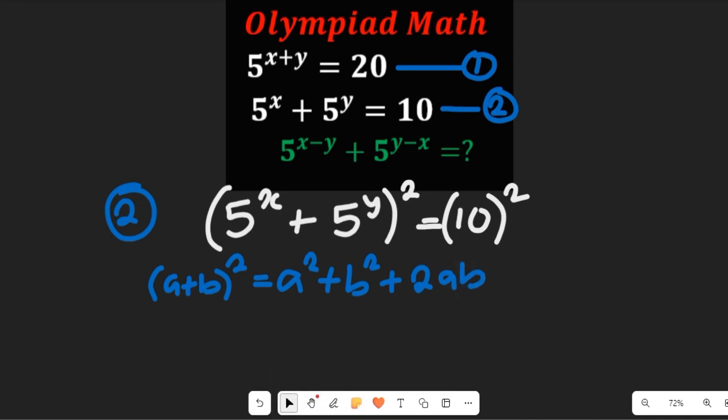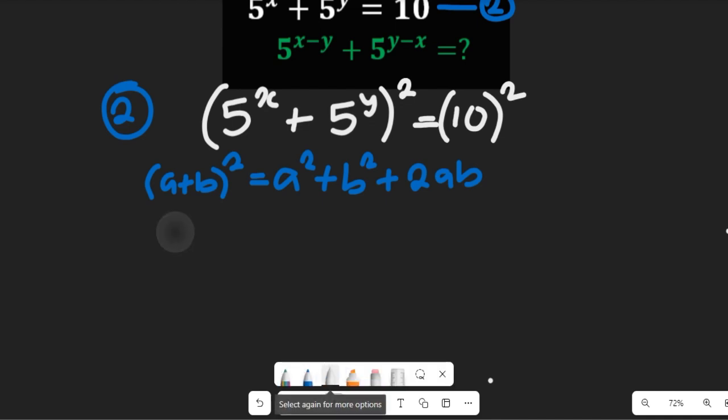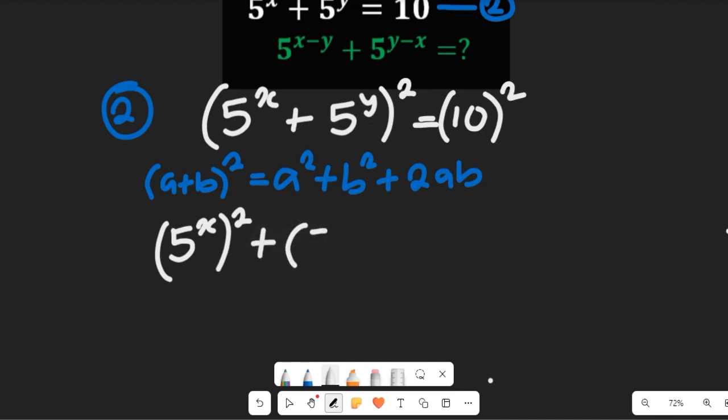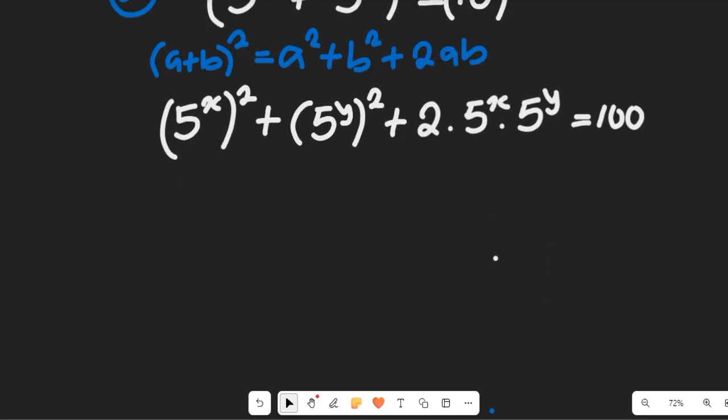So (5 to the power of x plus 5 to the power of y) squared gives 5 to the power of x all squared, representing a squared, plus 5 to the power of y all squared, representing b squared, plus 2 multiplied by 5 to the power of x multiplied by 5 to the power of y, and this whole expression will be equal to 100, because 10 to the power of 2 is 100.